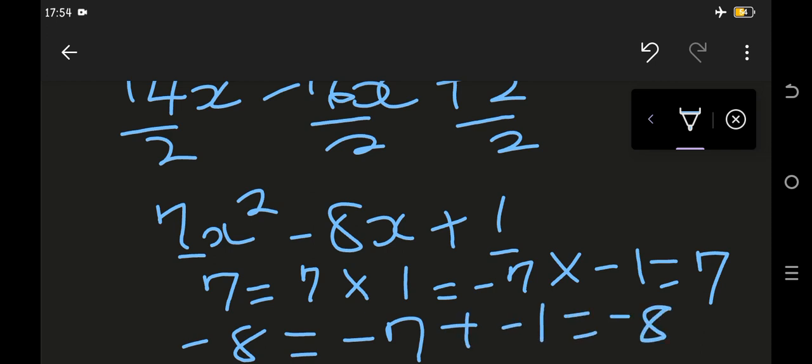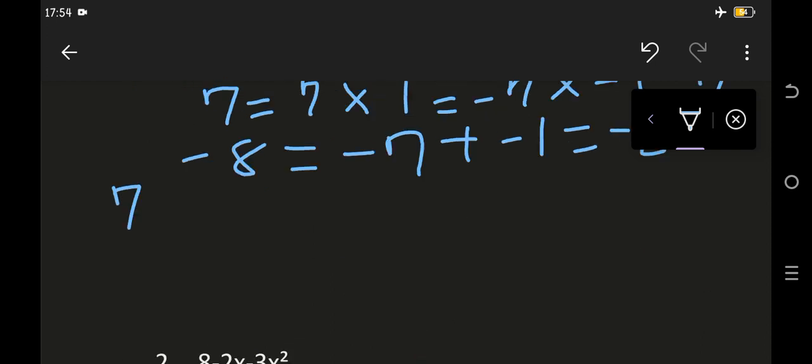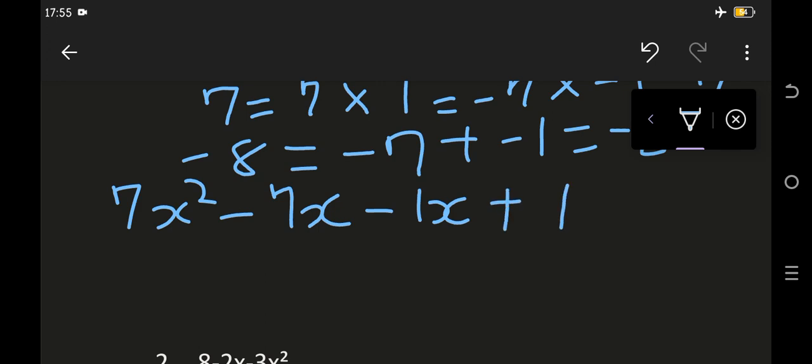Now that we have our numbers, let us expand the expression. You will have 7x squared minus 7x minus 1x, or just x, plus 1. Then you proceed to factorize.